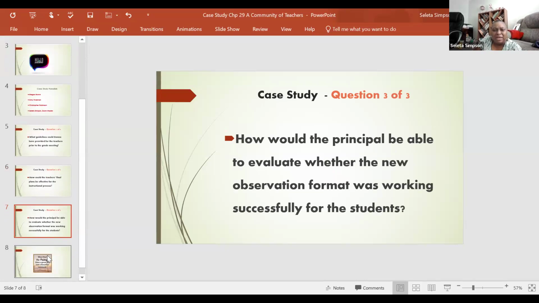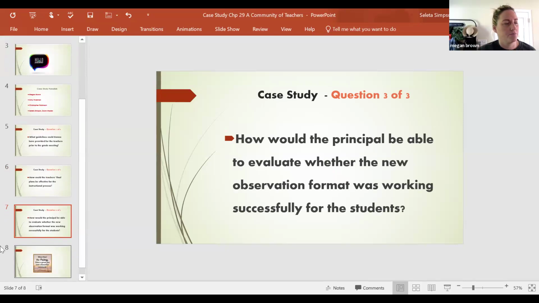Here we are. How would the principal be able to evaluate whether the new observation format was working successfully for the students?